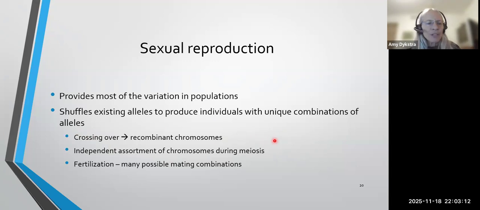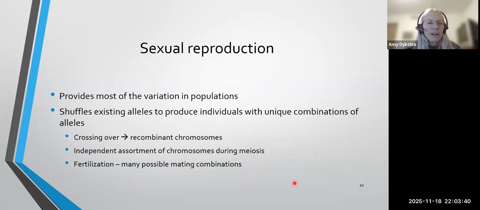So there's a bunch of different combinations of gametes you can have just by independent assortment, and then you have to add on to that all the crossing over within the chromosomes that happens. And then finally, fertilization, there's a myriad of different possible sperm that could fertilize any individual egg. And so there's a huge amount of variation that can be caused there.